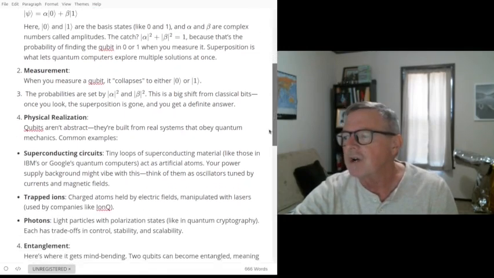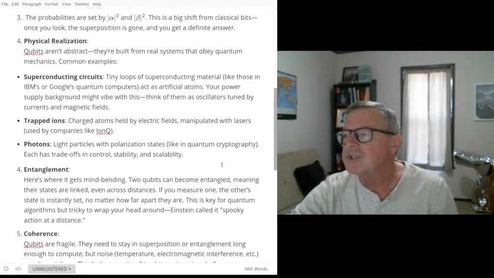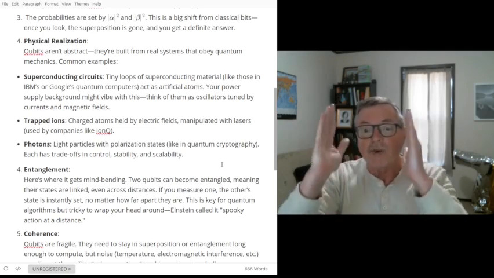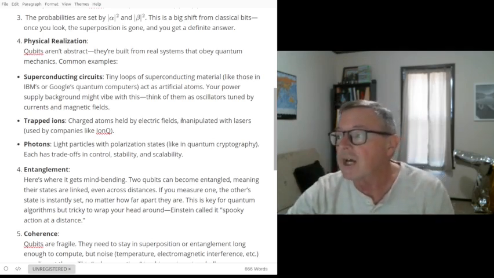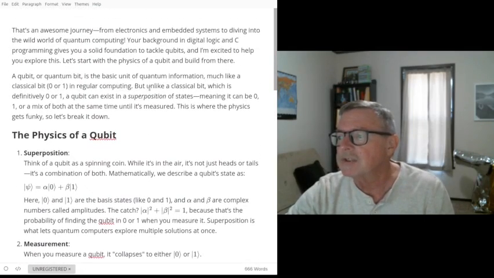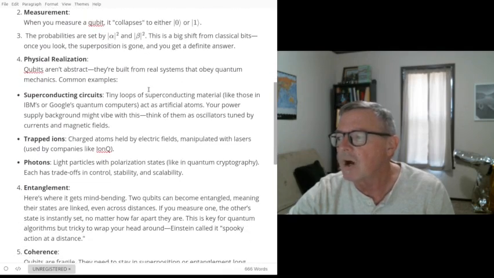When you measure, the probabilities are set by alpha squared and beta squared, and those lines around it mean the absolute value. So the probabilities are not 1/2 and 1/2. It's more complicated than that.